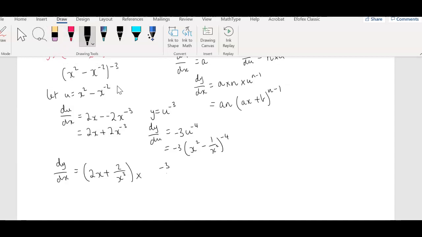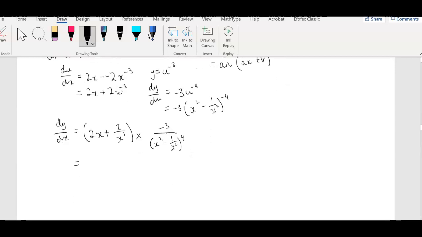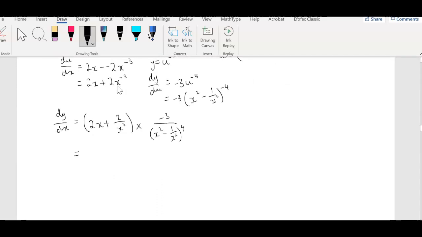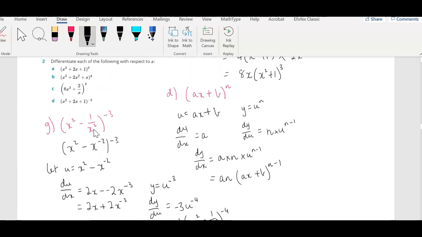So I'm going to put the negative 3 up here, and then x squared minus 1 over x squared to the power of 4. Let's just tidy that up. This looks messy. So negative 3 times (2x plus 2 over x cubed) is on your numerator, and on your denominator we've got (x squared minus 1 over x squared) to the power of 4. Let's do one more example.